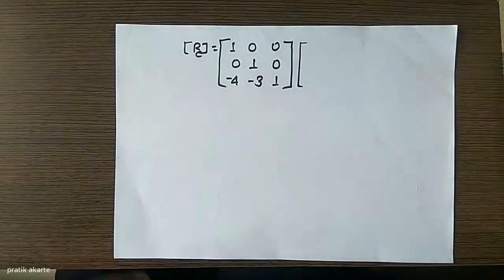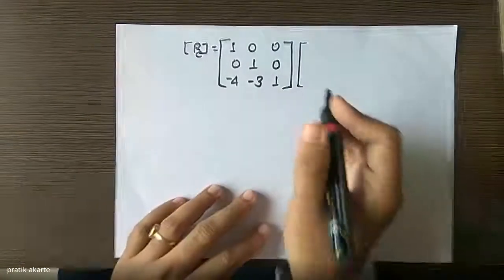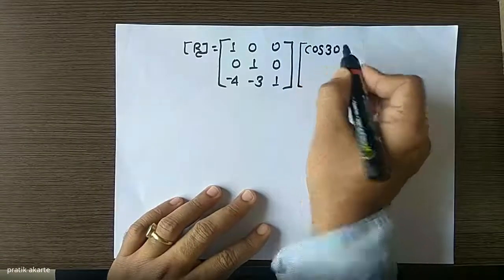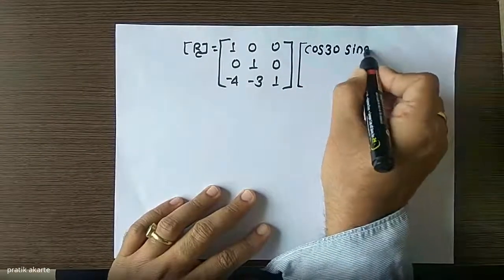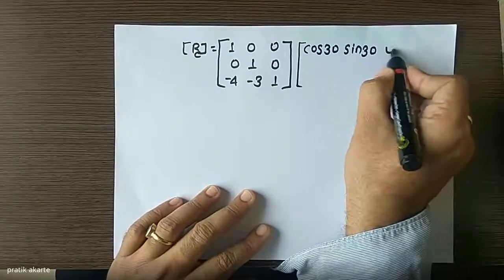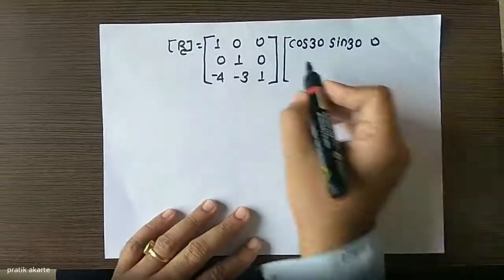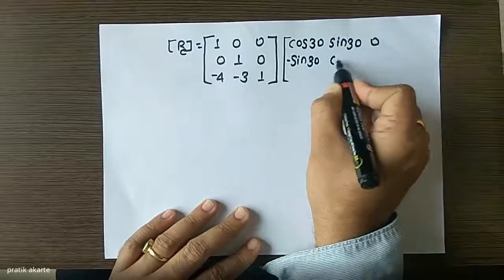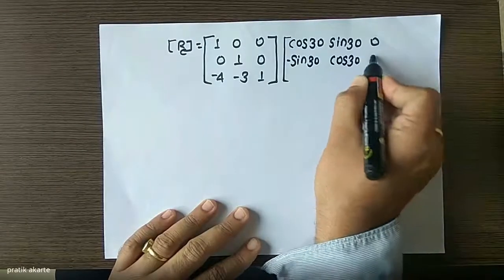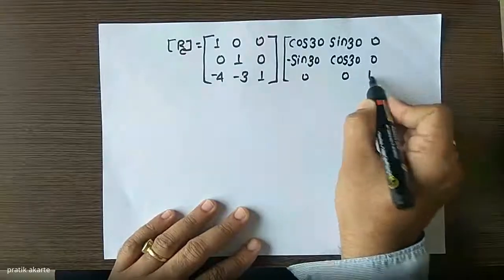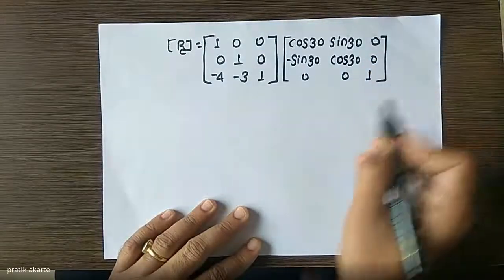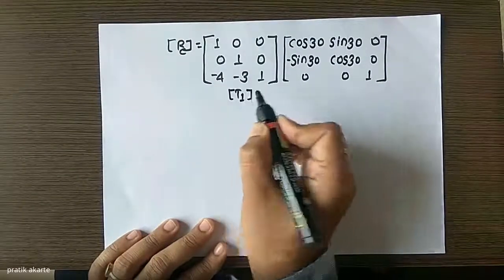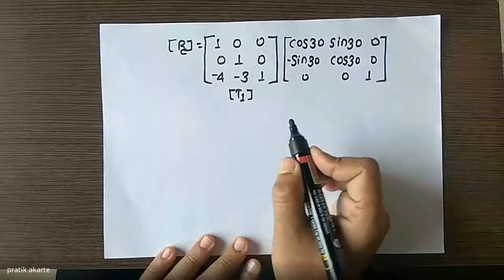So we write this rotational matrix as cos 30, sin 30, 0, minus sin 30, cos 30, 0, 0 0 1. So this is my translation that will make the point coincide with origin.